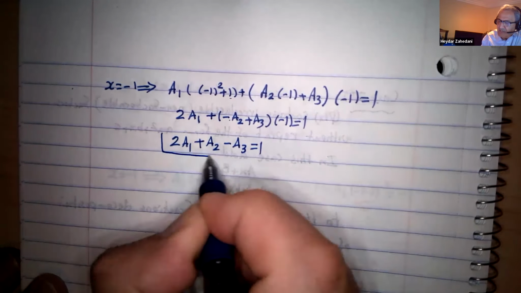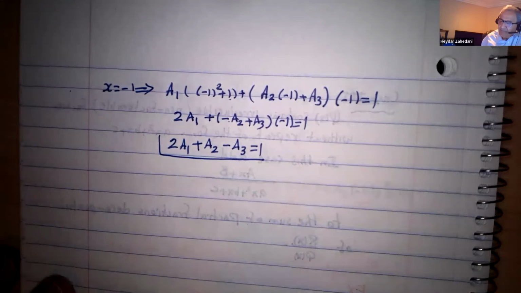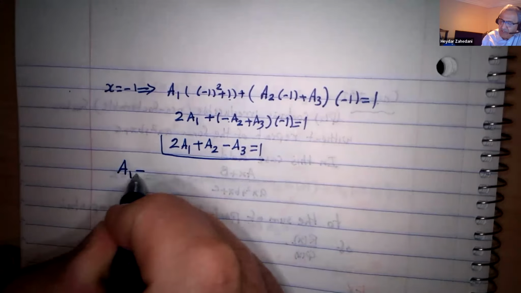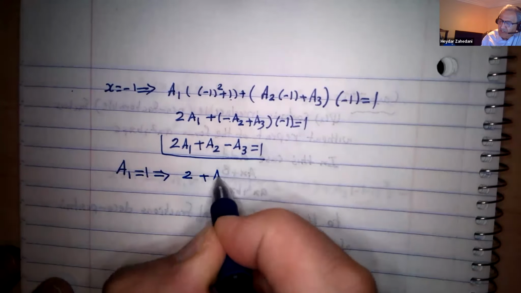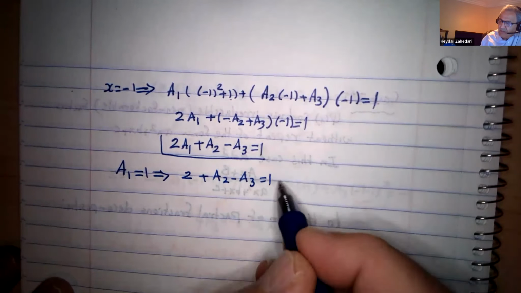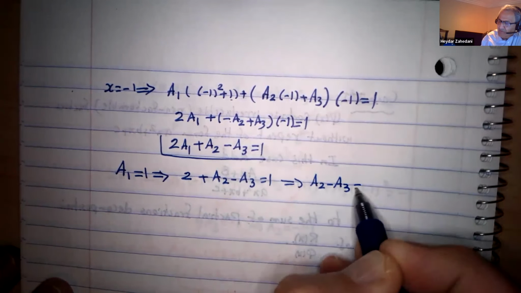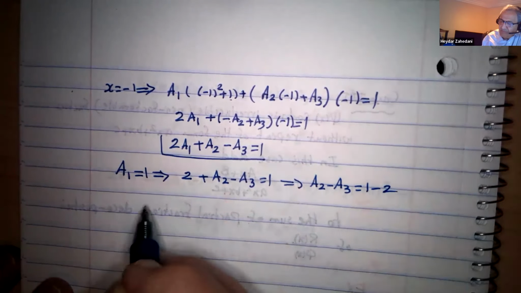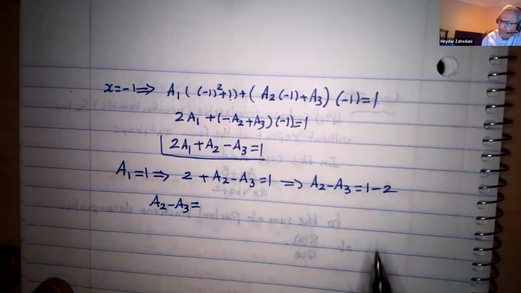So you have this equation. But your A1 was 1. You substitute, so that gives you 2 plus A2 minus A3 equal to 1. So A2 minus A3 will be 1 minus 2. So the A2 minus A3 would be what?